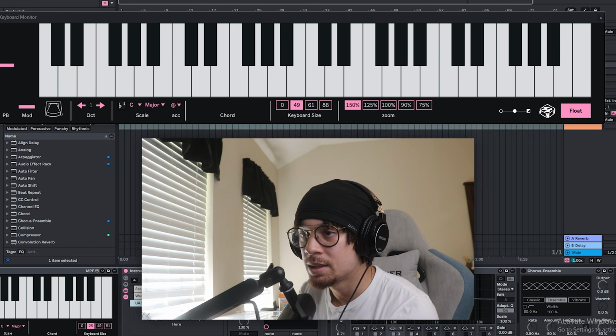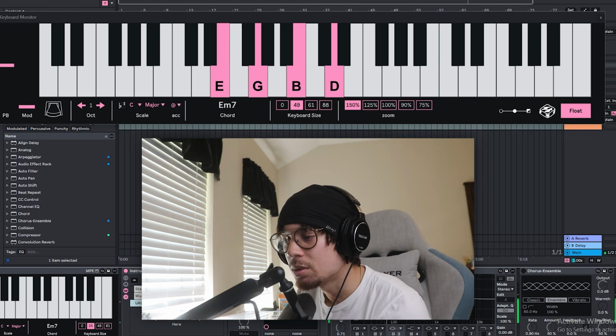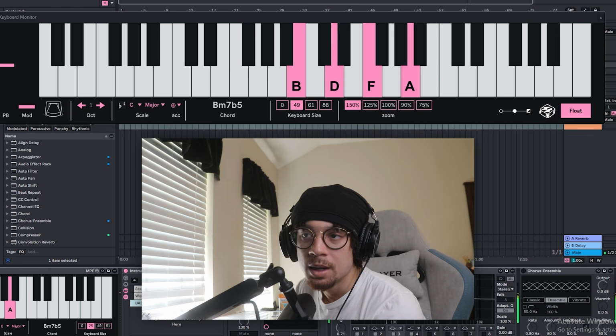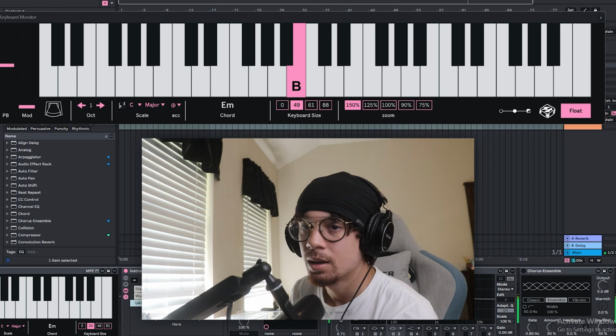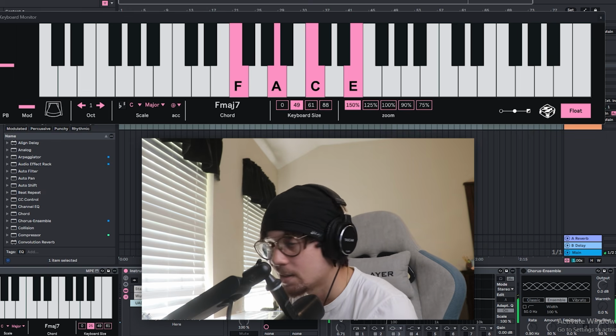So instead of this being C major, this is 1, 2, 3, 4, all the way up to 7. Now instead of thinking, okay, I gotta play this chord, you're thinking in terms of movement, right? That way, no matter what key you're in, there's always going to be a 1, a 2, a 3, all the way up to a 7, even if the streets change.